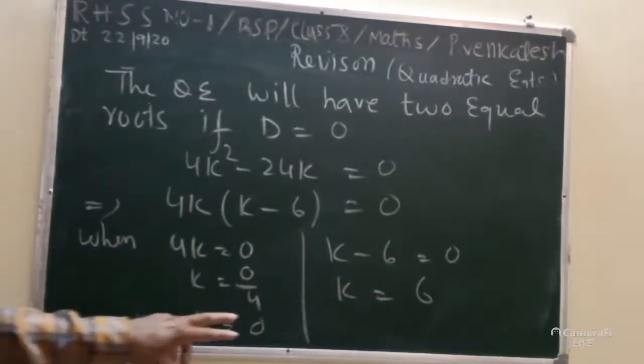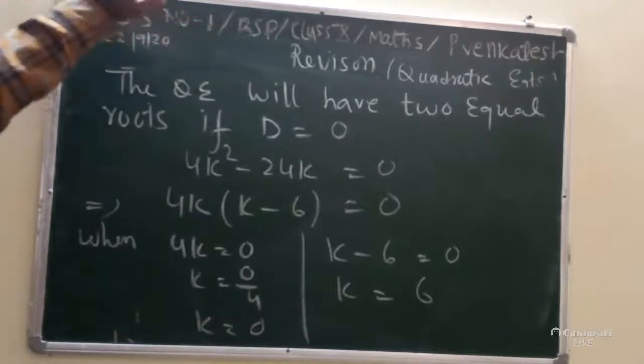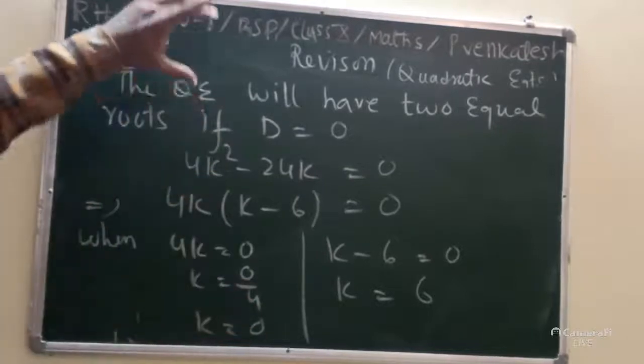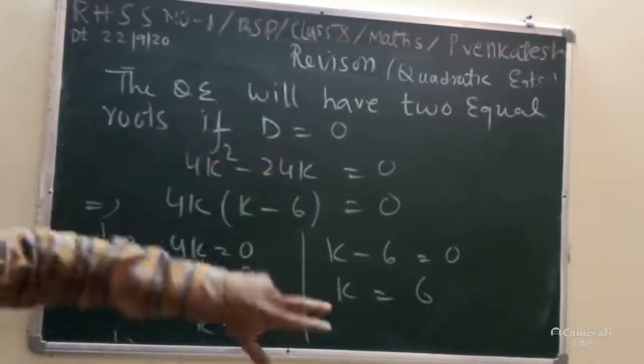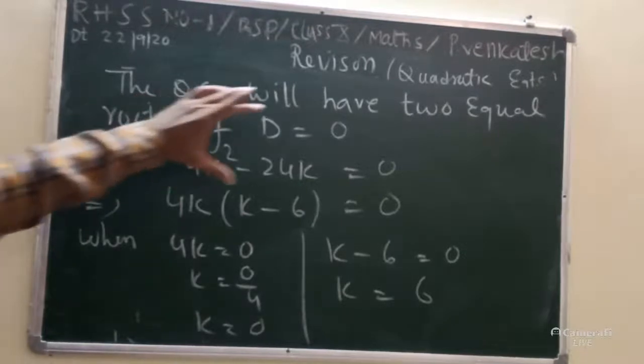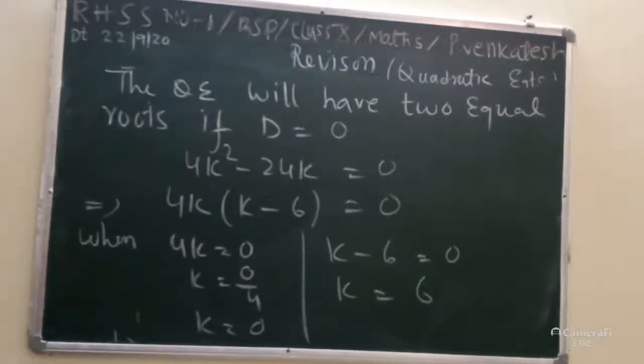But if you put k equal to 0 in this quadratic equation, the equation will be inadmissible, meaning it will not be a quadratic equation. So you will write, since if you put k equal to 0, the equation will be inadmissible, so k equal to 6 is the required value. Okay. If you put k equal to 6, the given quadratic equation will have equal roots.